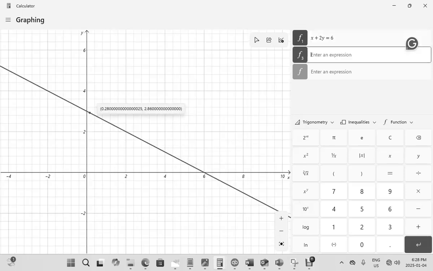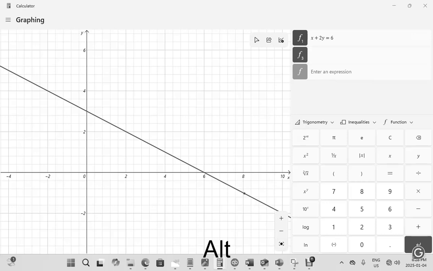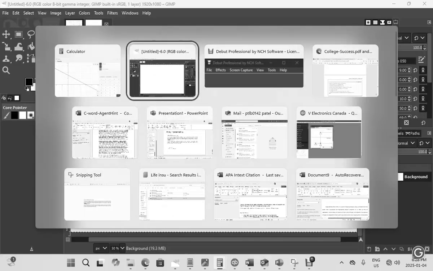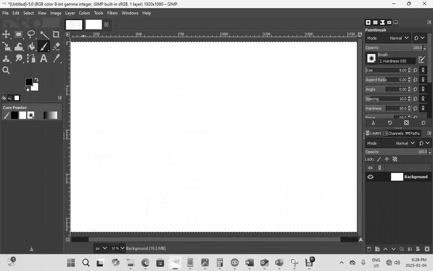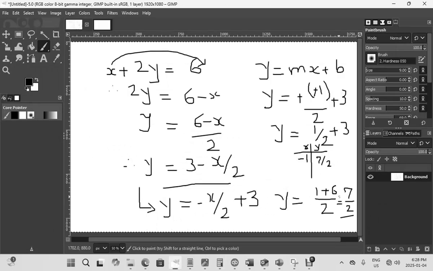Notice this is a straight line, and you can figure out what your y coordinate is for the equation that we just solved. Let's say this is 7 over 2, for -1.